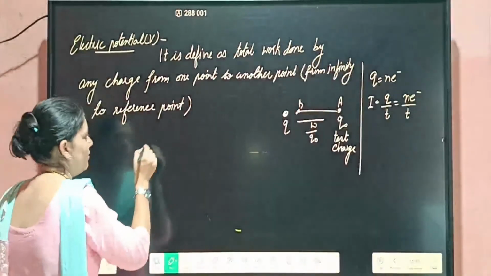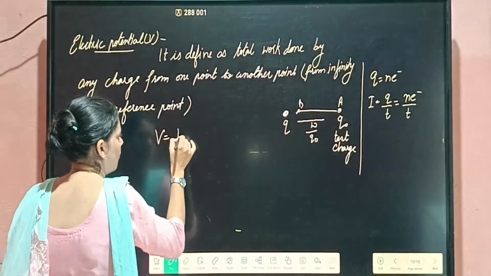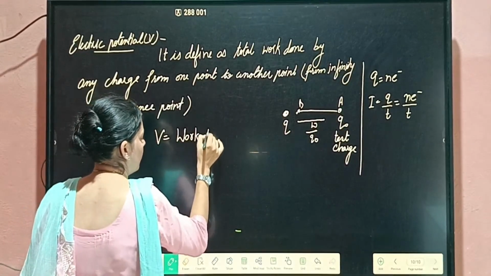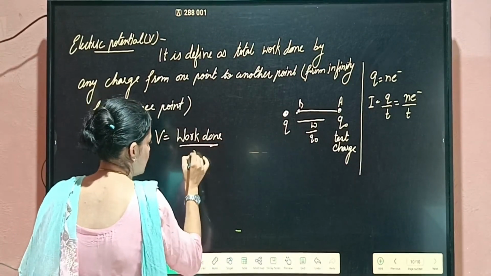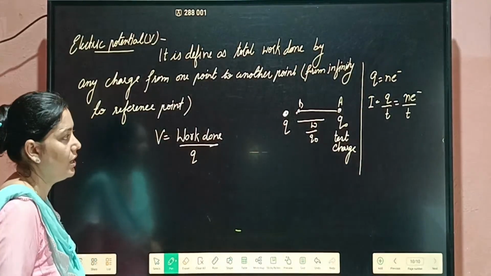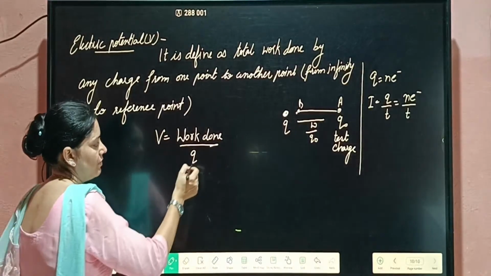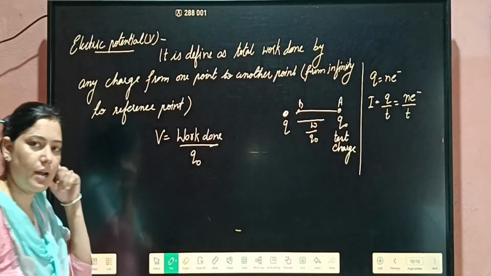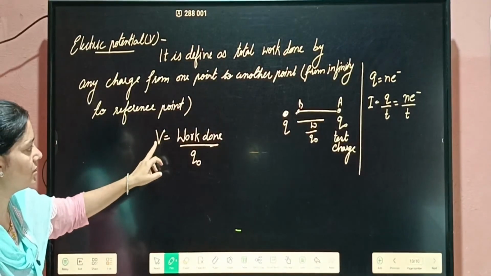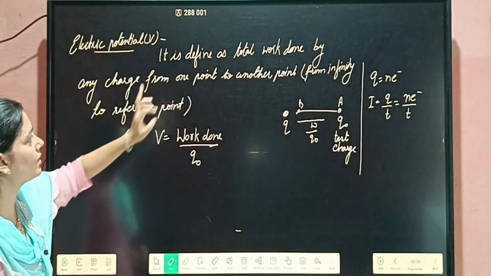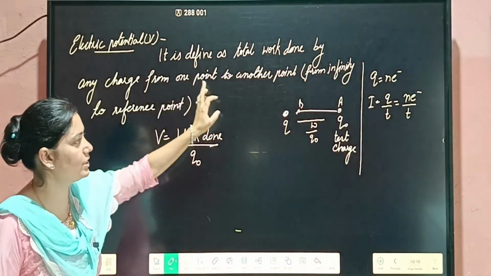Okay, so here we can write it mathematically. Work done by this charge is known as the potential. If here we are writing Q naught, then here we can write Q naught only. Work done by this charge is known as the electric potential. So we can write total work done by any charge from one to another point.